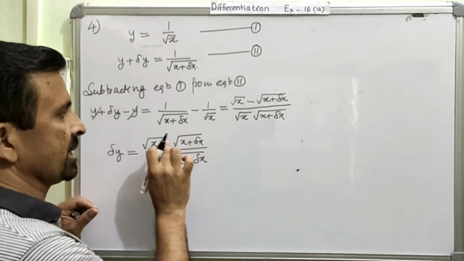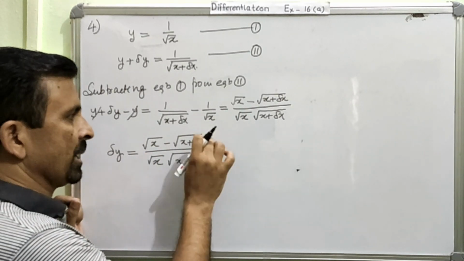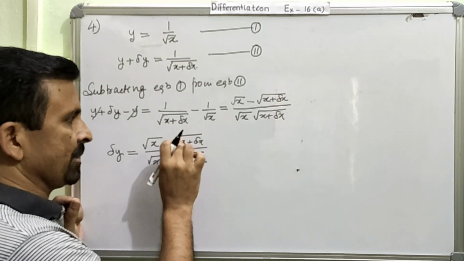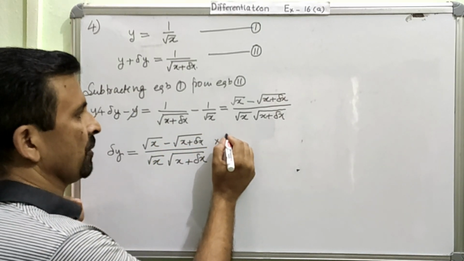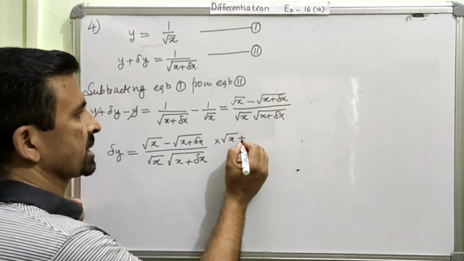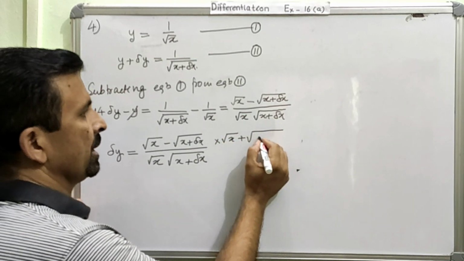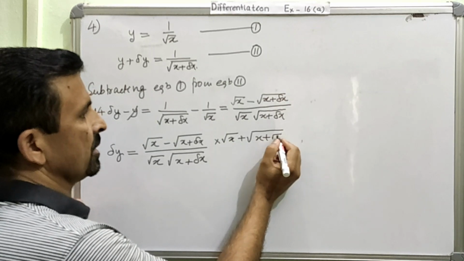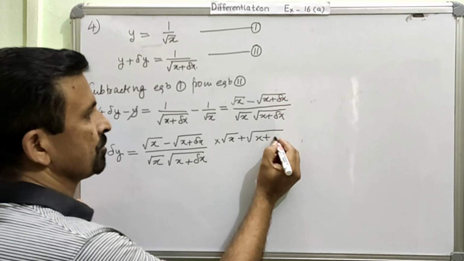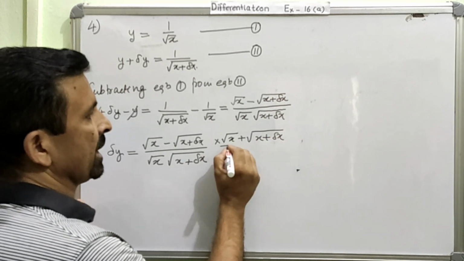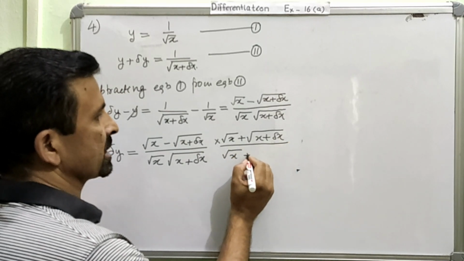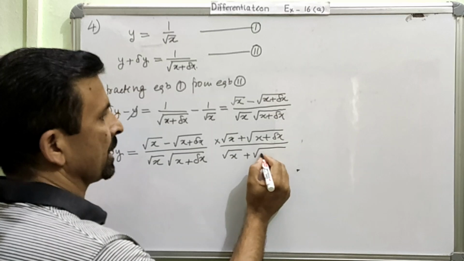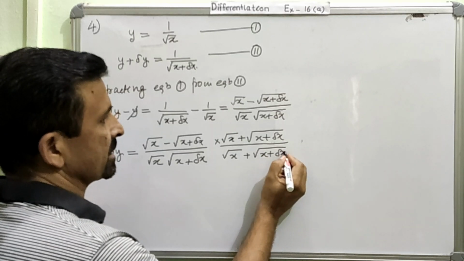Now rationalization, you know, we will multiply the numerator and the denominator both by the same number with a different sign. So into root of x plus root of x plus delta x divided by the same number root x plus root over x plus delta x.